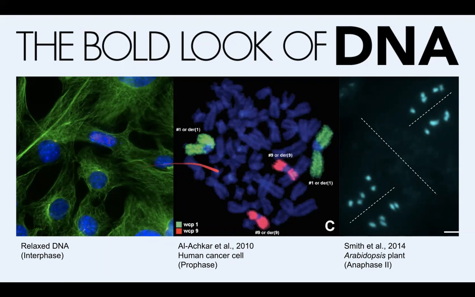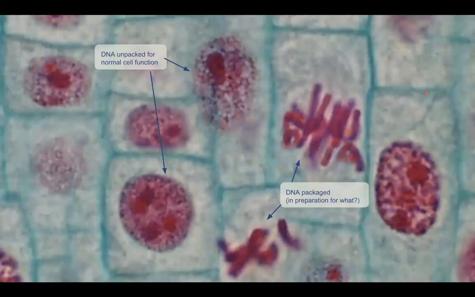So relaxed DNA, packed up DNA during the process of mitosis, or division of a single cell into two cells. And then over here during the process of meiosis, dividing chromosomes from one starting cell into four final cells that will become gametes. As I mentioned, to see chromosomes that are packed up, it helps to look at a place where cell division happens pretty rapidly.